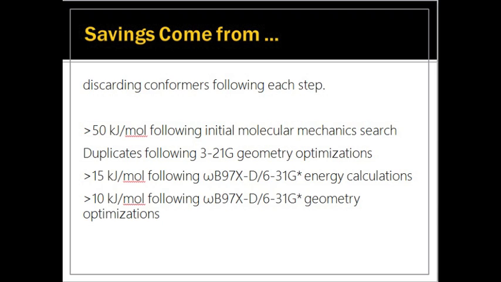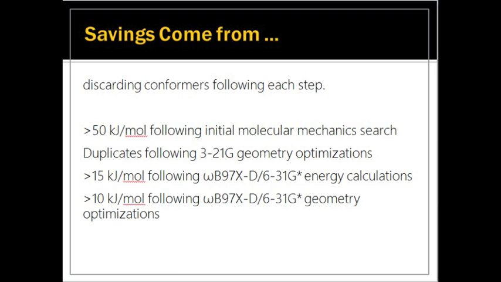And so our mechanics searches are actually rather special. They don't allow collapsing. So the second step is a geometry optimization, where at the end of that I'm going to notice that I have lots of duplicates, things that I didn't allow to collapse that all of a sudden have become the same. So we can get rid of duplicates.